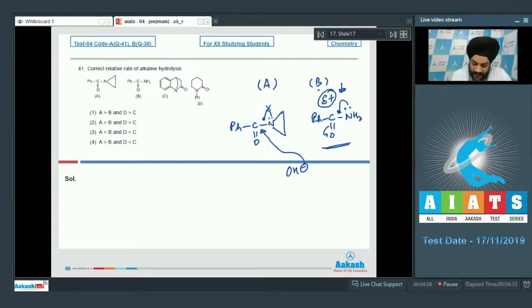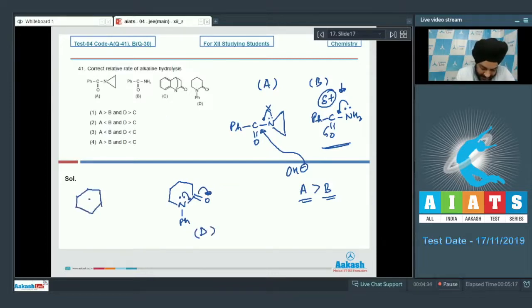So if we talk about A and B, students, we can see that A is more reactive than B. And if we talk about the compound C and D now, similarly, all that is left is to compare the plus M. So in the compound D, the lone pairs of nitrogen can be delocalized with the carbonyl group. Okay. And in the compound C there is a bridgehead nitrogen.